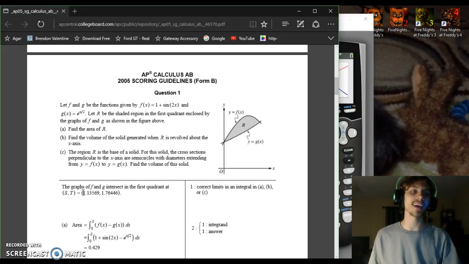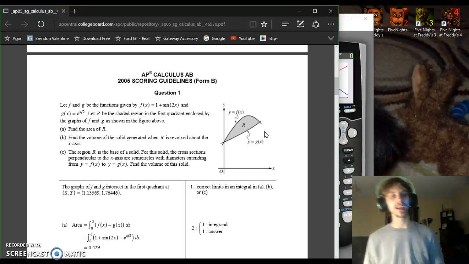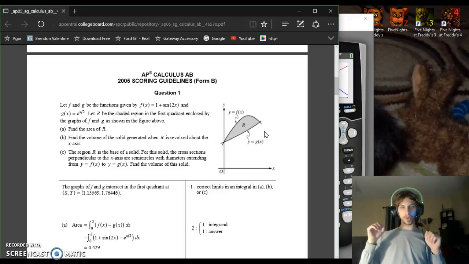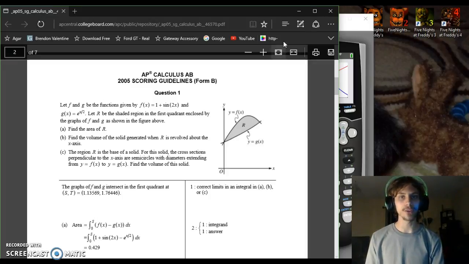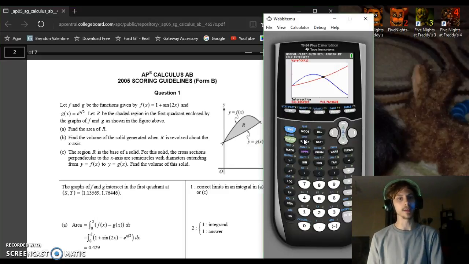Now, this is saying that f of x and g of x intersect right around this point here. That will most likely be our second bound. Okay, so we have to find the area of R, and for that, we have to set up an integral.